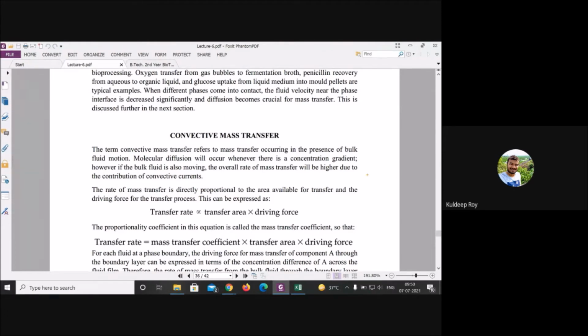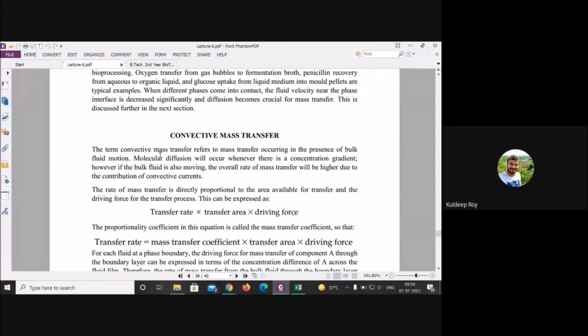If this is your solid boundary and fluid is flowing from here to here, then the profile will be like that. The liquid is moving in this direction, and this will be the boundary condition. Same thing for convective mass transfer.